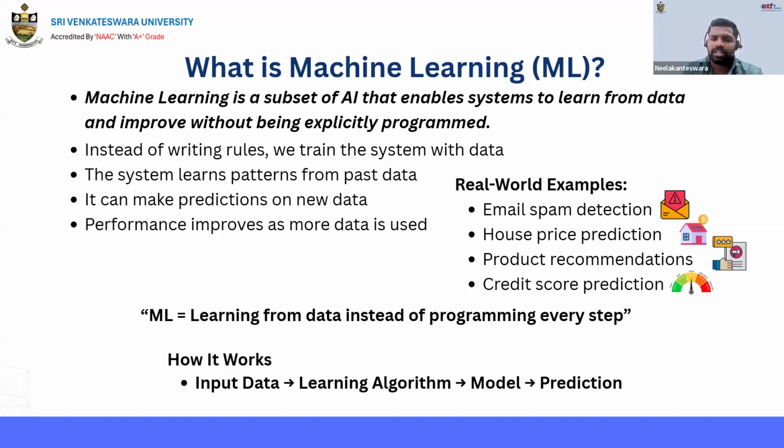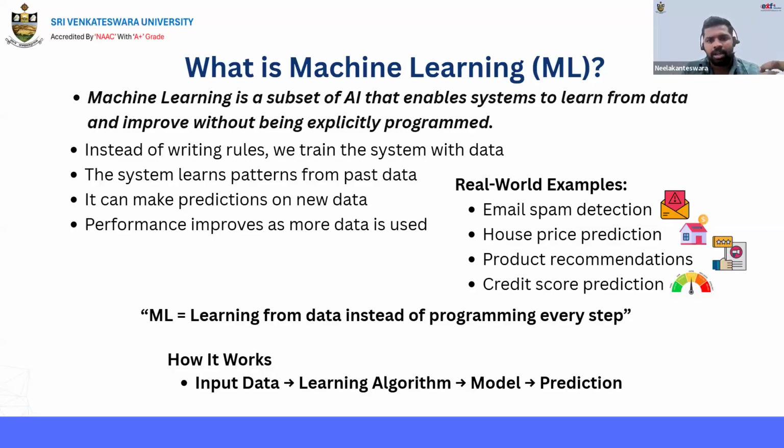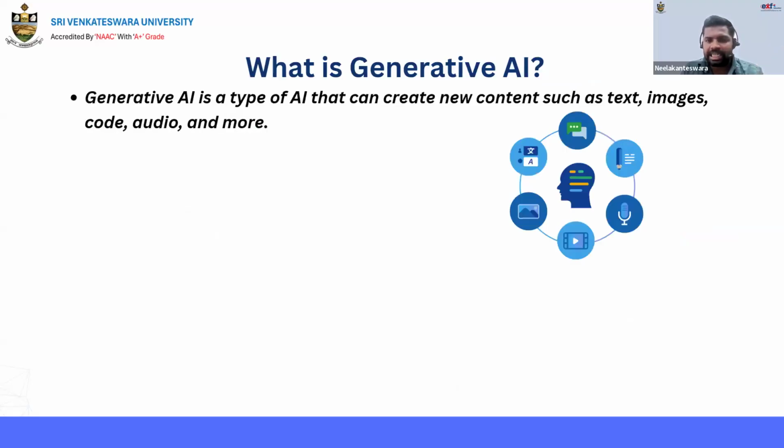But here we discuss one of the most important concepts, generative AI. This is the most interesting and fast growing technology now. Generative AI is a part of artificial intelligence only, but instead of analyzing or making predictions or decisions, it can create new content.